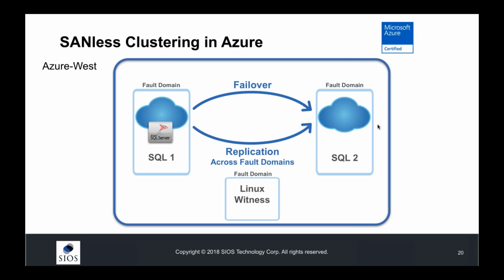That is not a supported thing because the SQL layer on Linux for Microsoft's purpose, they don't understand any of those layers of awareness for the cluster solution. That is all owned by the cluster management solution instead. So with the SIOS Protection Suite, we produce a very lightweight installation to serve as a Linux witness. The only rules are it's the same operating system in the same release versions.